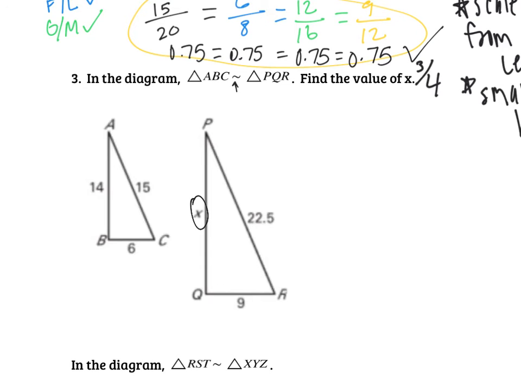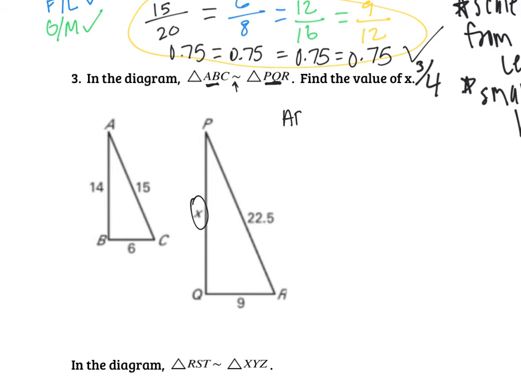In this case, we don't really care about the angles. We're just going to assume that the corresponding angles are congruent. What we care about though is the side lengths. We know that the side lengths are proportional, and we know that because it says they're similar. So we need to set up our proportions to find the missing side length. AB is partners with PQ because of the naming.